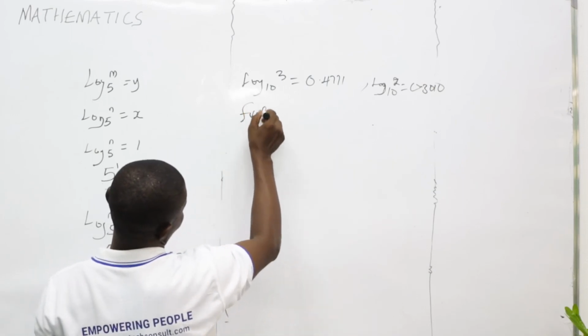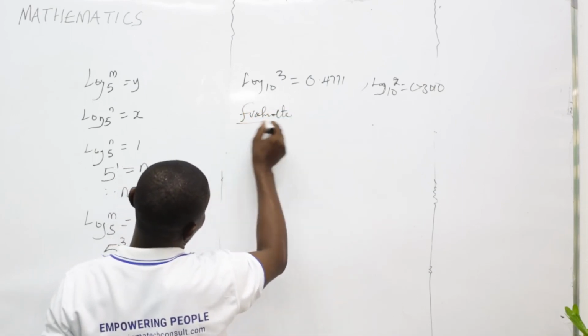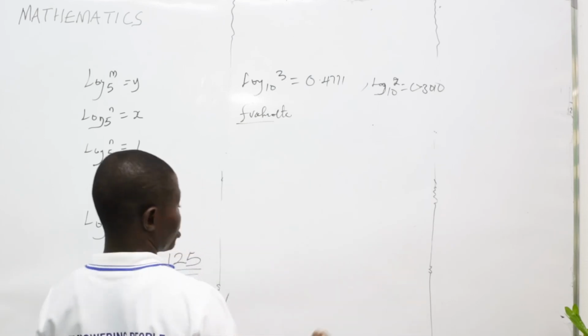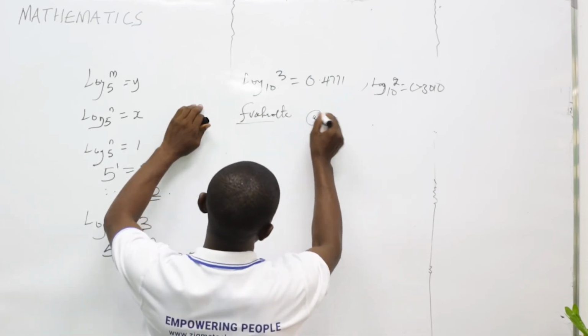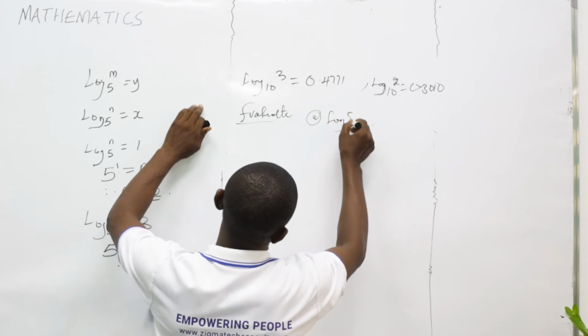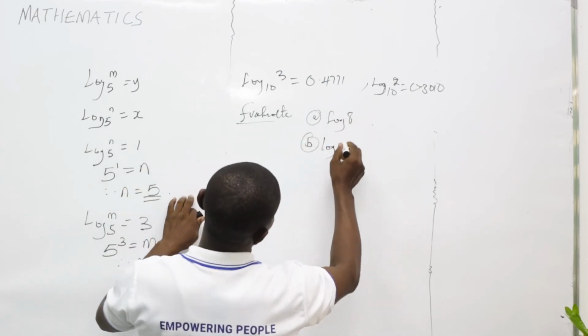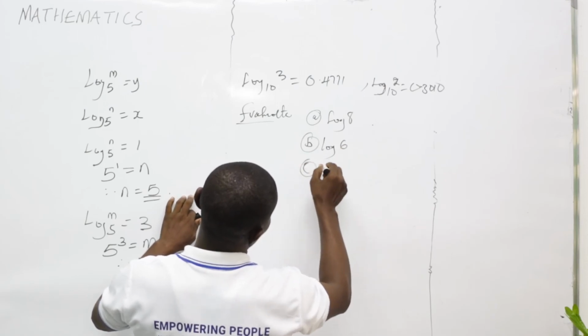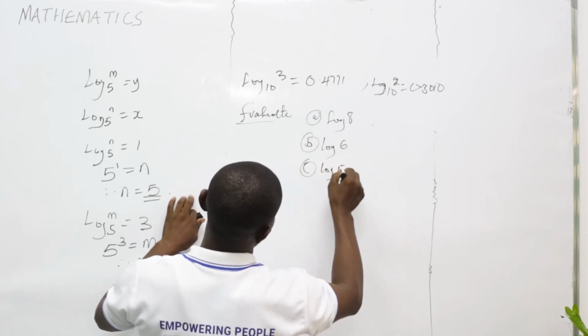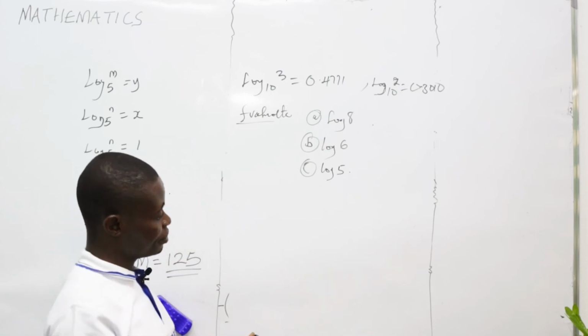Evaluate. You can see all their grammar has been evaluated, simplified, solve. As I tell you, you are just dealing with the sentence. A, let's say log 8. B, log 6. C, log 5.